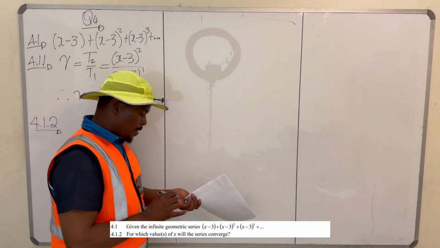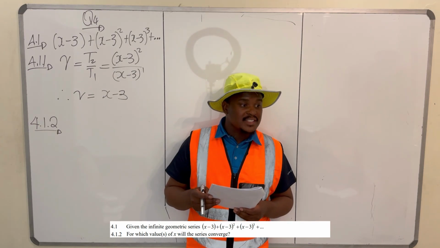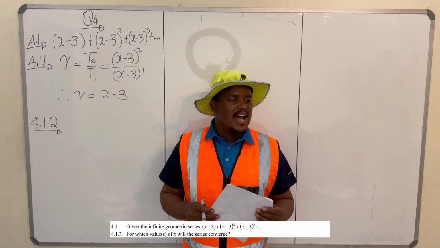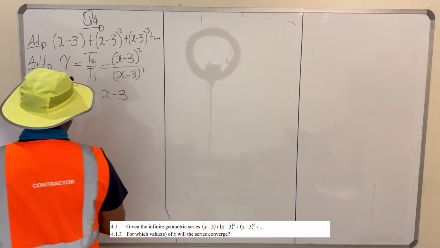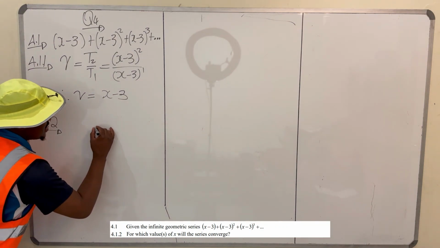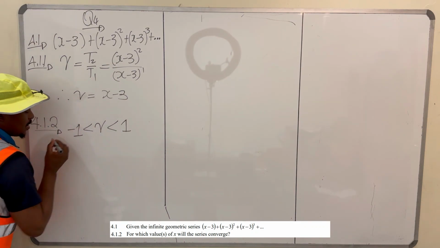What are they saying? They're saying at 4.1.2, for which values of x will the series converge? Yes, they're asking for what values of x will the series converge. So you know very well that if you're dealing with a geometric series, it converges if your r is less than 1 and greater than minus 1.